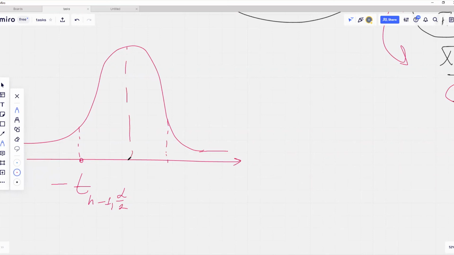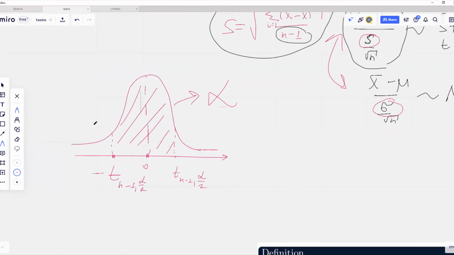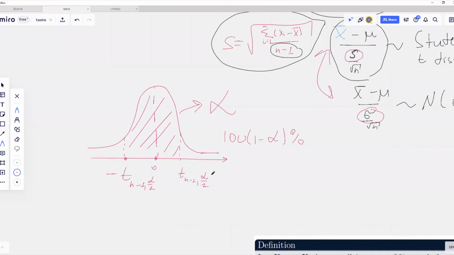So here we have mean of 0, and positive value of t, n minus 1, alpha over 2. The probability that our random variable lies in this interval is then given as alpha, where 100 multiplied by 1 minus alpha percent is our confidence level.